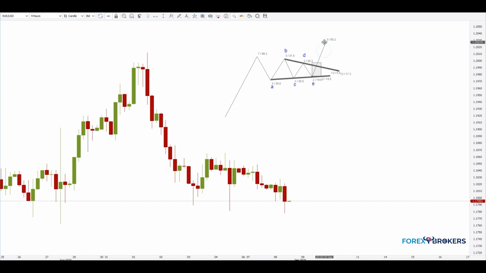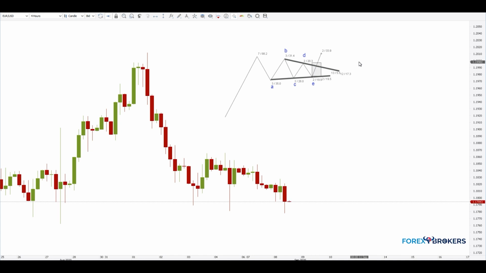For the triangle to be valid, the price action that follows the triangle must break the B to D trend line in less than the time that it took the E wave to form. And that is a valid contracting triangle. Otherwise, that's not a triangle.